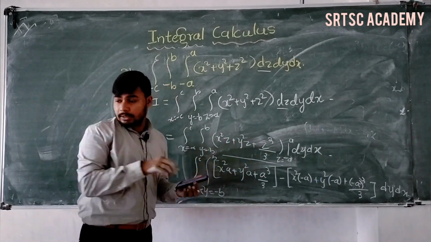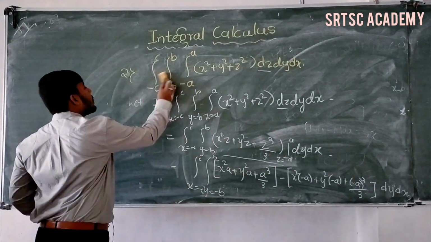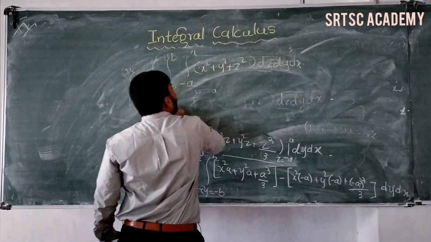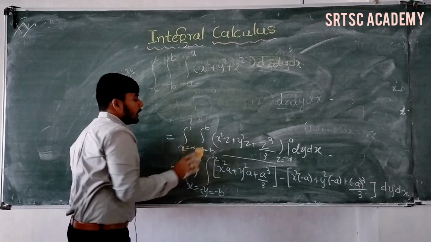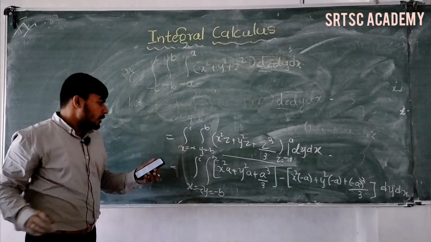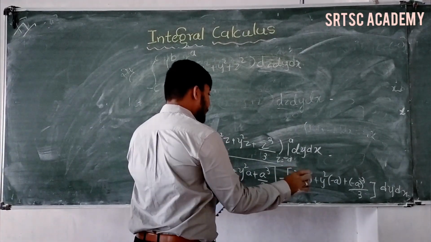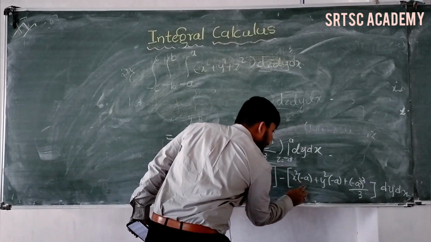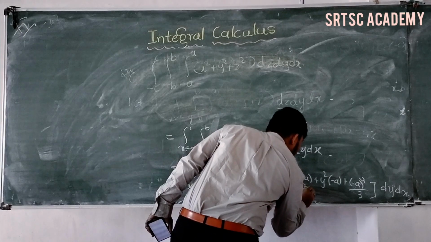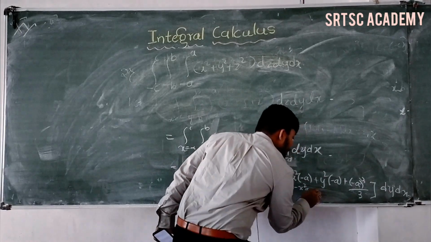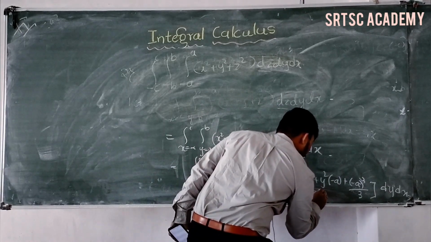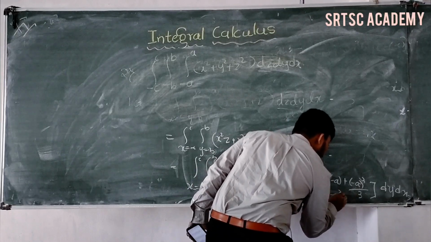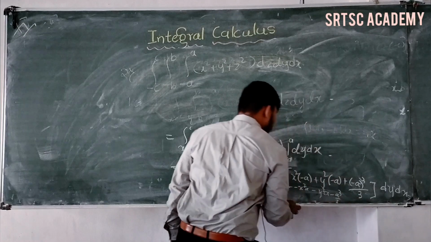Okay, simplify this. Simplify that. What will you get? I will explain here only. See here. It becomes minus x square a, minus y square a, and minus a cube by 3, right?